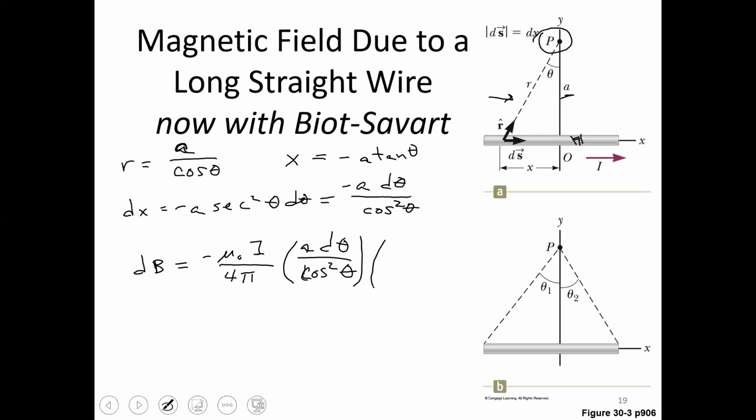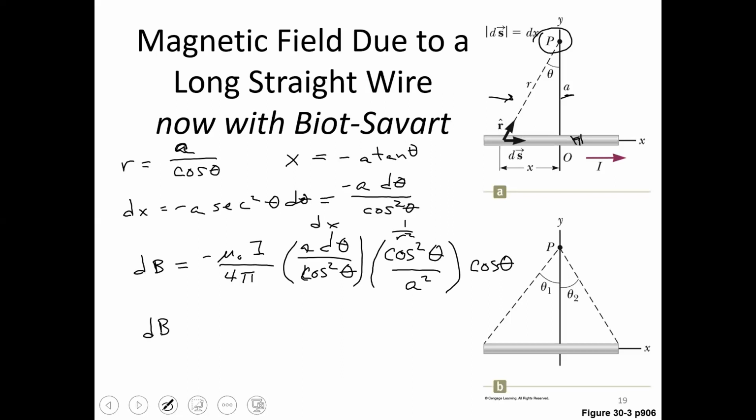Where I had 1 over r squared, I'm going to substitute in cosine squared theta over a squared. And don't forget, I also had a cosine theta left over, right? So just double check that with the previous slide. This is my dx, this is my 1 over r squared, and my cosine theta was already there. Okay, so I have all that stuff.